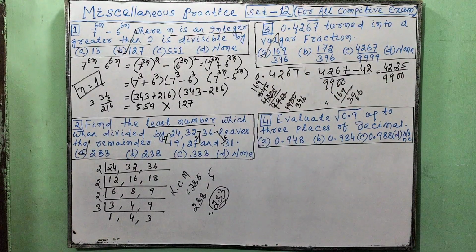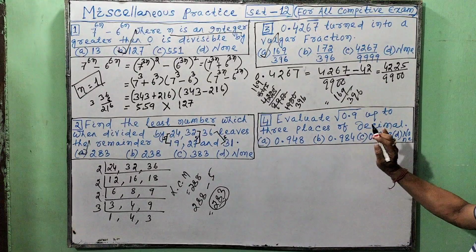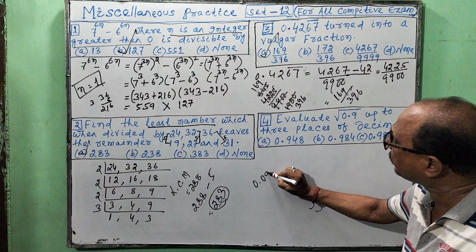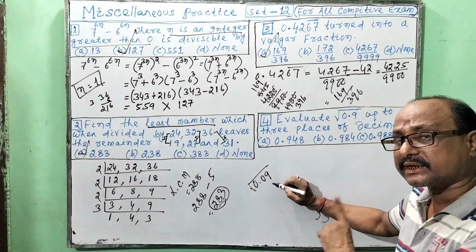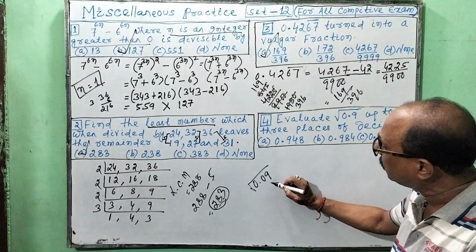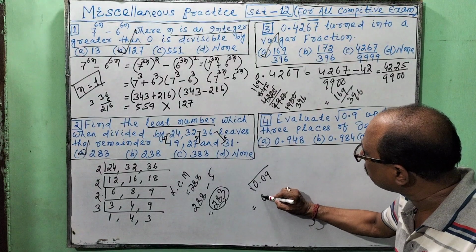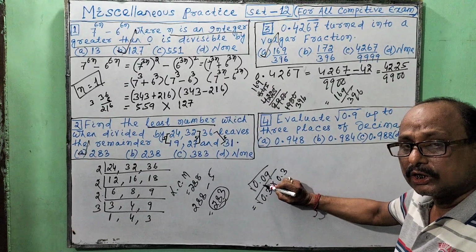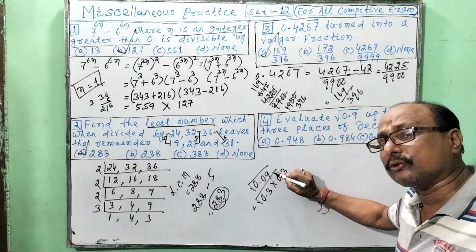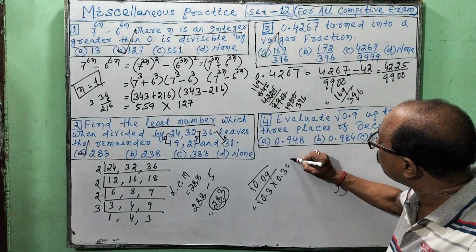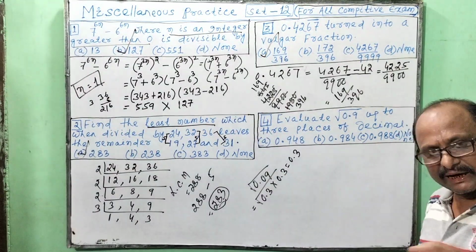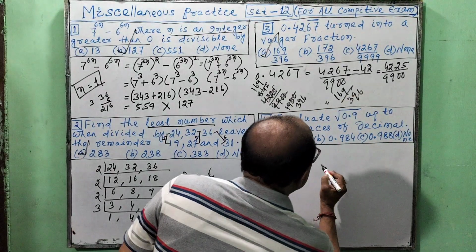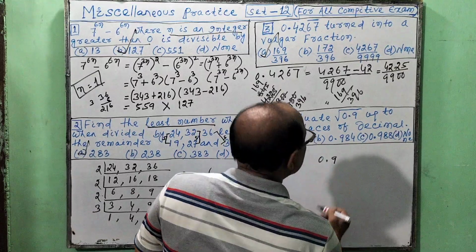Number 4. Evaluate the square root of 0.9 up to 3 places of decimal. Just to understand these things, this is most important. Suppose the square root of 0.09 is 0.3, because 0.3 into 0.3 is 0.09. But what will the square root of 0.9 be?